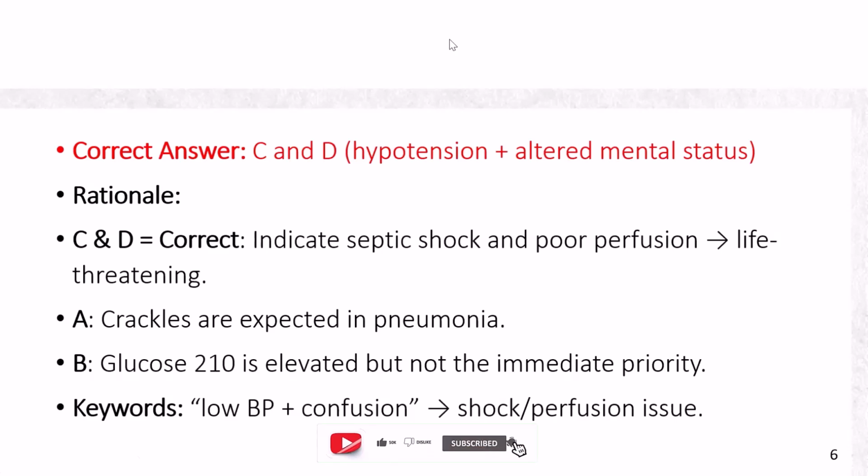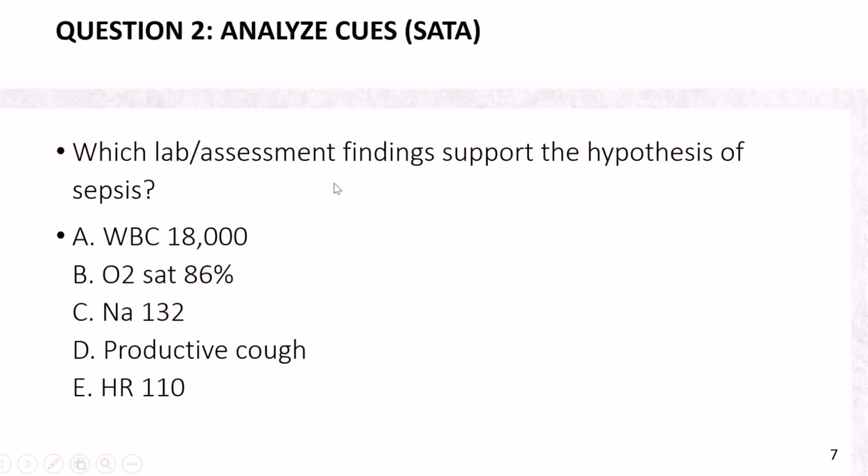Any confusion here? Okay, we're still on the same patient. Number 2, we want to analyze the cues. This is also a select all that apply. Which lab or assessment findings support the hypothesis of sepsis?